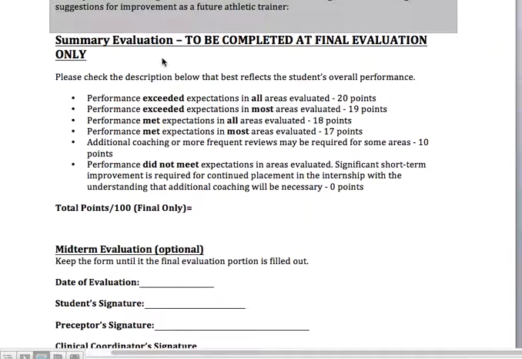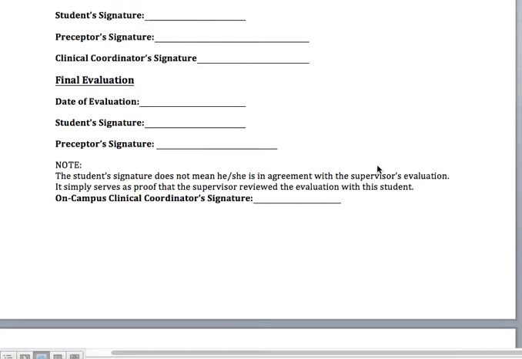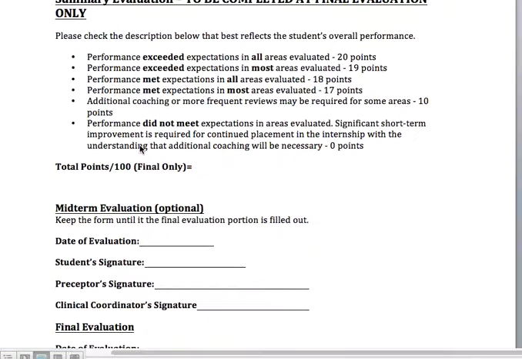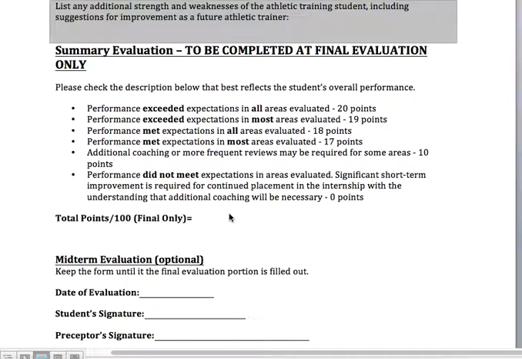They'll go ahead then down here and they'll give you a certain number of points based on your performance. These will play into your grade, so your preceptor, I believe if you look on the evaluation, has 20% of a say in your grade for this class. And then there's an opportunity for them to just write some comments.